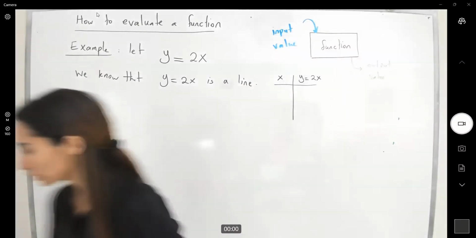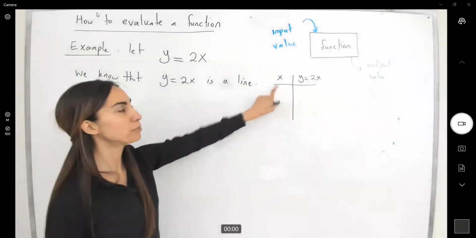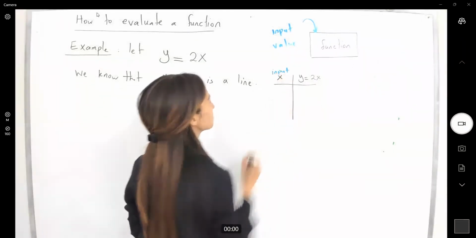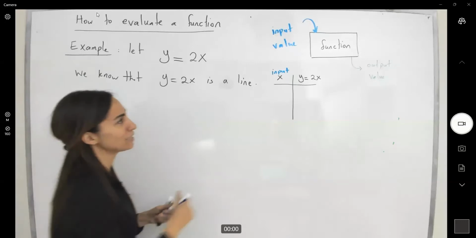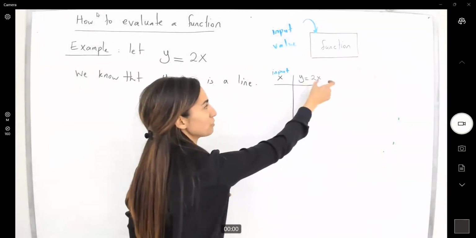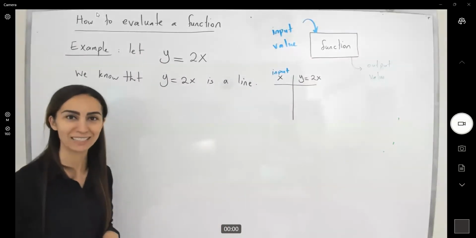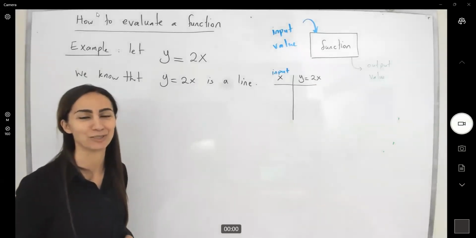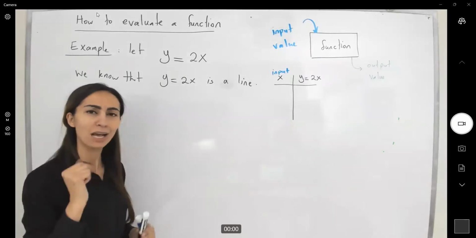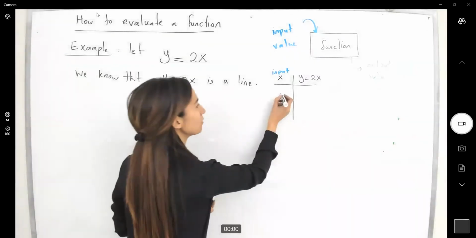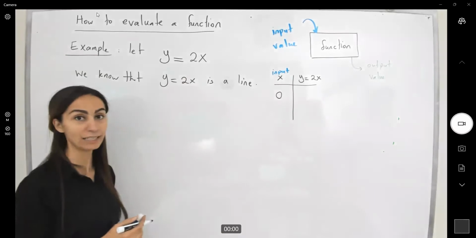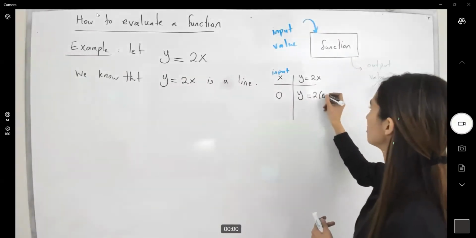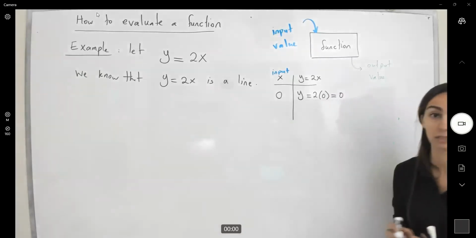So I'm going to enter some input values for x, and then my function, my machine, which is defined as 2 times x, will change those x values and give me some y values. I'm going to enter 0. If I enter 0 as x, my y becomes 2 times 0, which is 0.